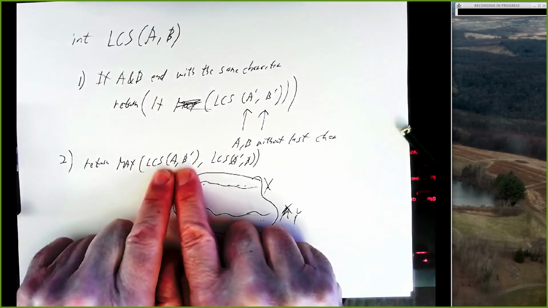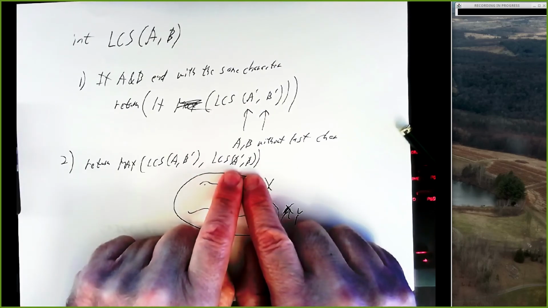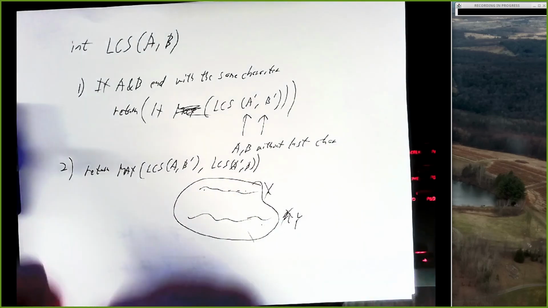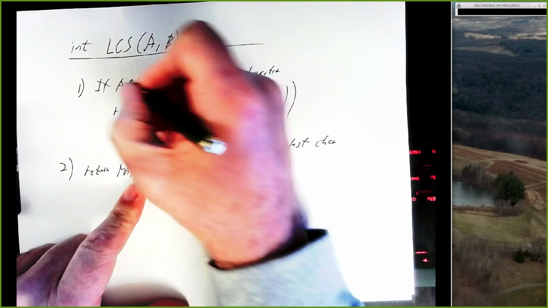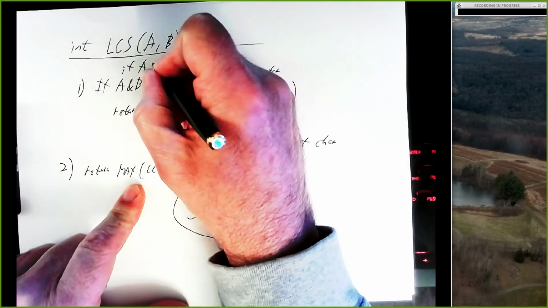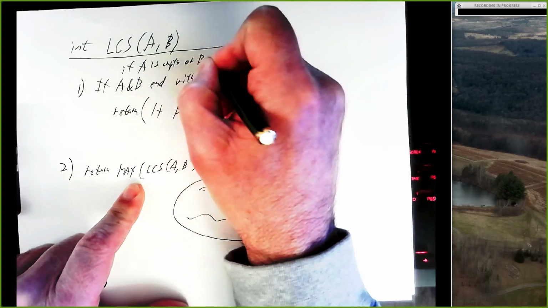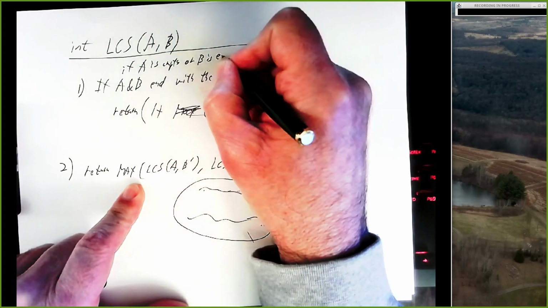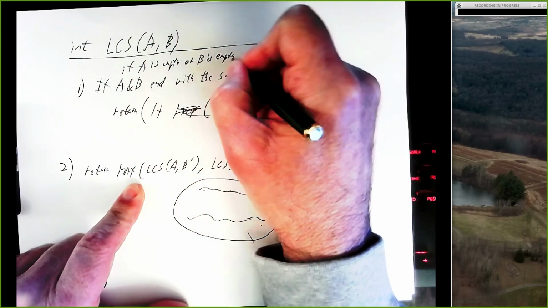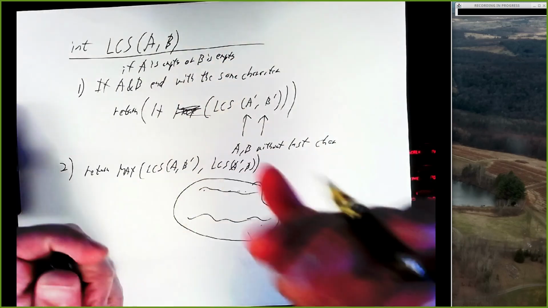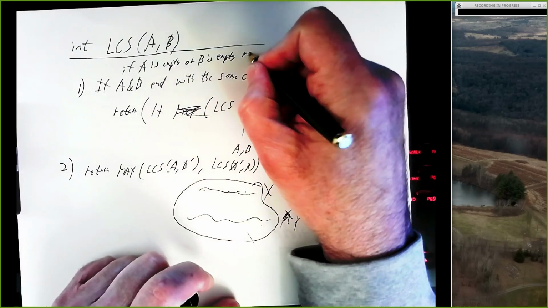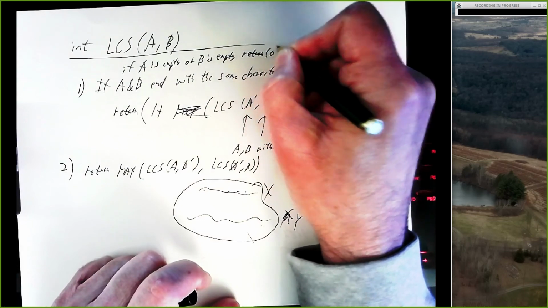In this case, B is 1 character shorter. In this case, A is 1 character shorter. And our base case is if A is empty or B is empty, so if their lengths are equal to 0, then there's no substring at all in one of those, and so the length of the longest common substring is 0.